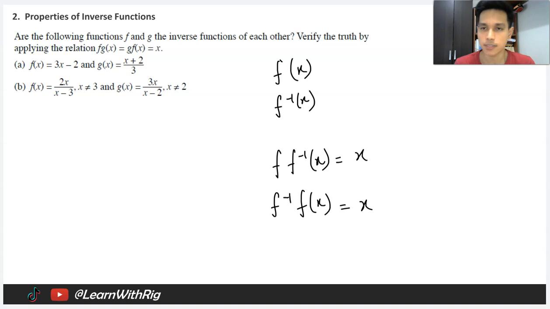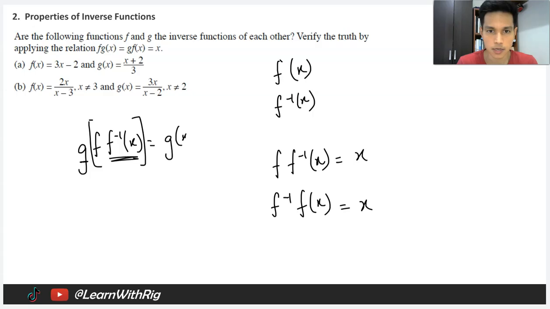It is guaranteed. That is why when we did the composite function, I showed you how to neutralize. If you want to find g(x), you just add the f inverse of x, you neutralize this, it becomes g(x). So f and f inverse gives you x, or f inverse and f gives you x.